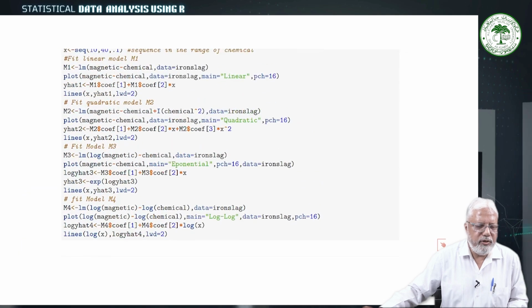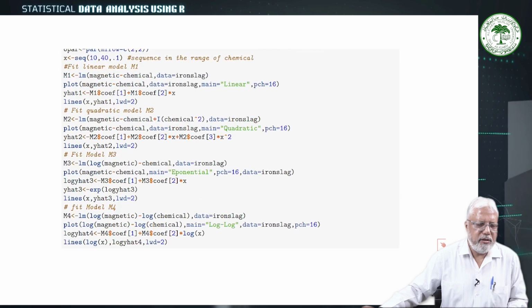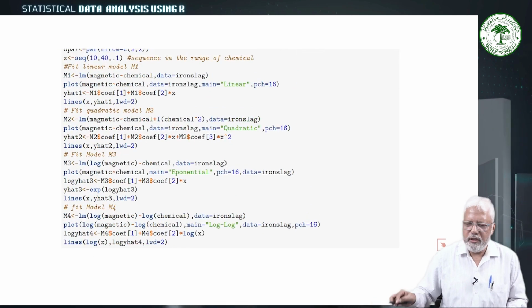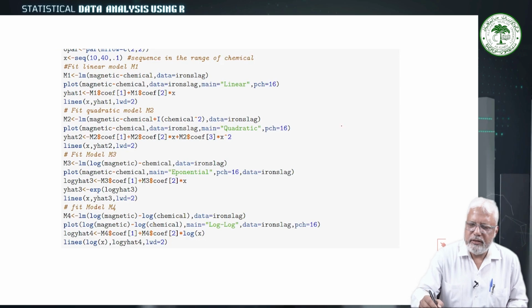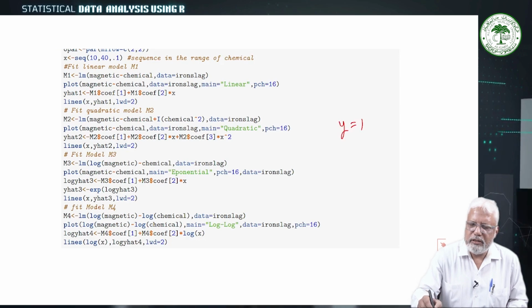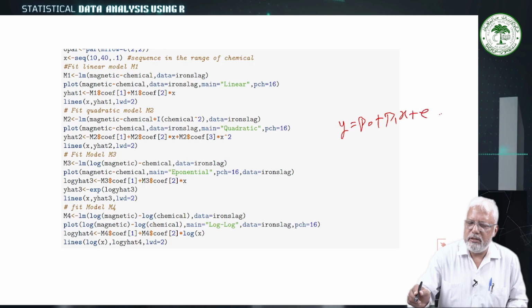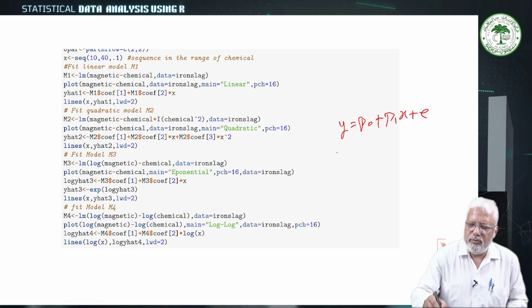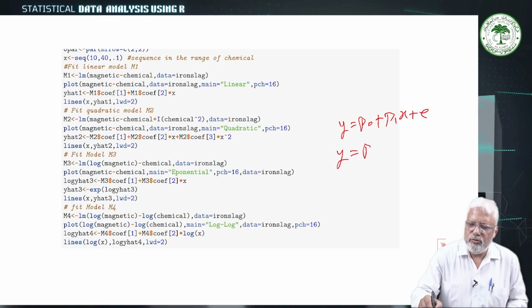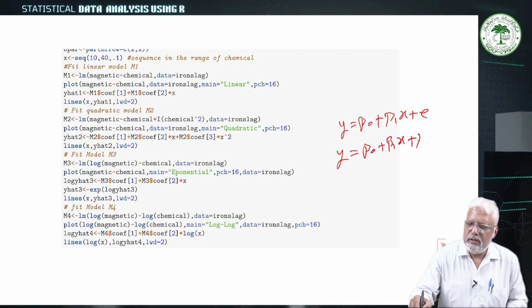And then we are fitting another model, the quadratic model. The simple linear regression model is y equals beta naught plus beta 1 x plus error, whereas the quadratic model is y equals beta naught plus beta 1 x plus beta 2 x square plus error.